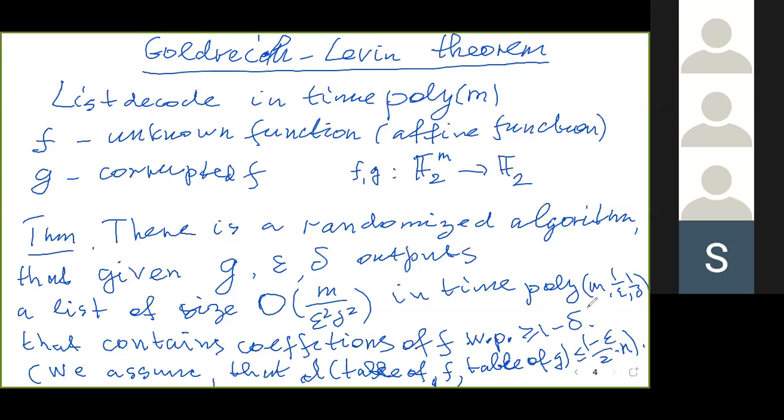So the algorithm might err. That means it might happen that the output doesn't include f, but the probability of error is at most delta, which can be taken arbitrarily small. The only requirement is that delta is positive and epsilon is positive. So whatever g and f with that inequality the algorithm receives, the probability of error is at most delta.